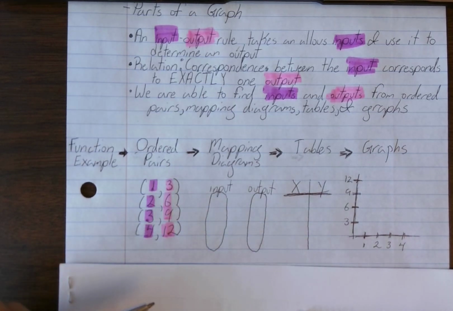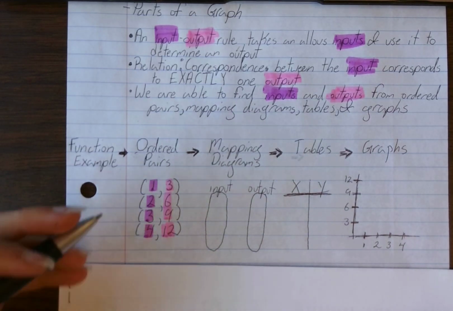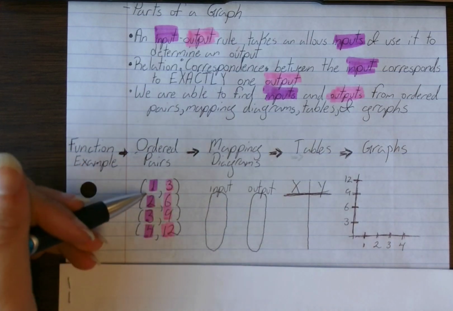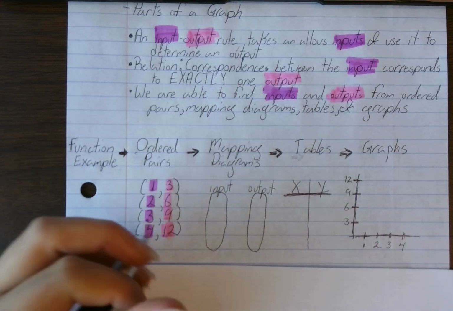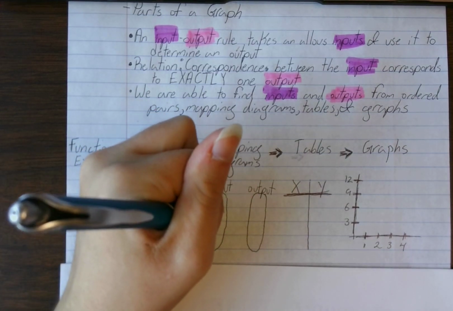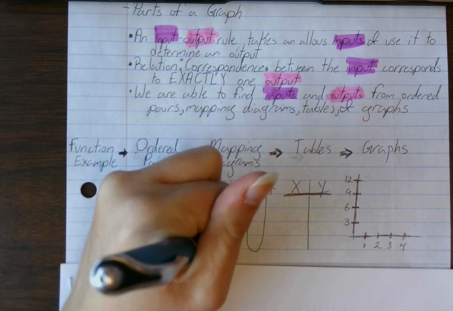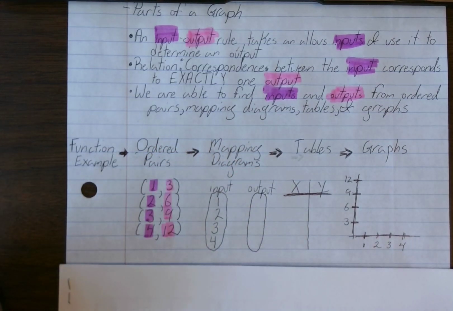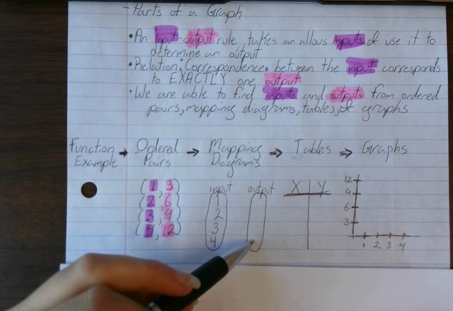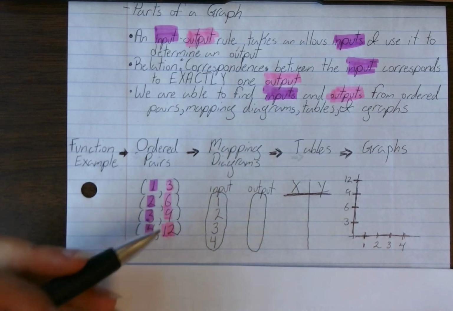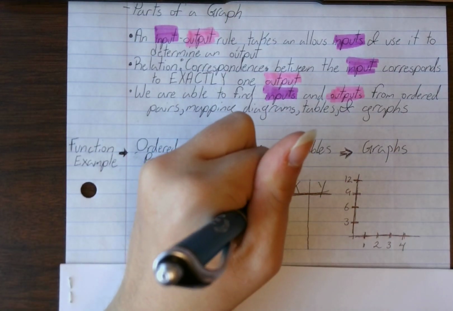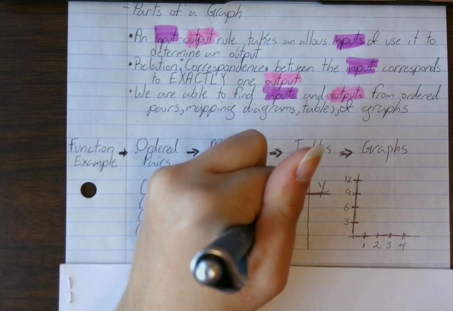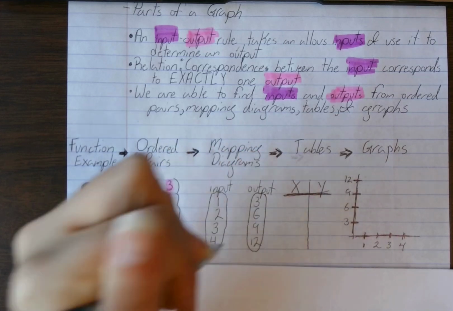Now I'm going to go over here to my mapping diagram and write down all of my inputs, which is in purple, over here. So I'm going to write down 1, 2, 3, and 4. Then over here, I'm going to write down all of my outputs. These are my pinks. So I'm going to have 3, 6, 9, and 12.